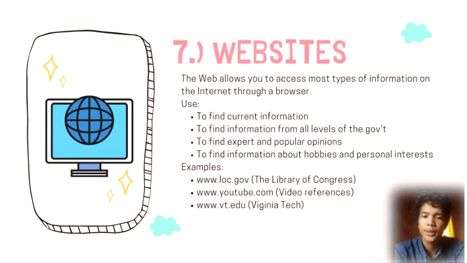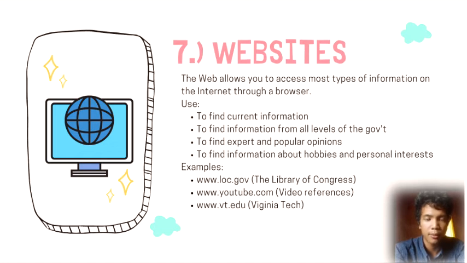We use website to find current information about the government, about a company, and to find information about hobbies and personal interests. Example of a website is YouTube, www.loc.gov, or the Library of Congress.